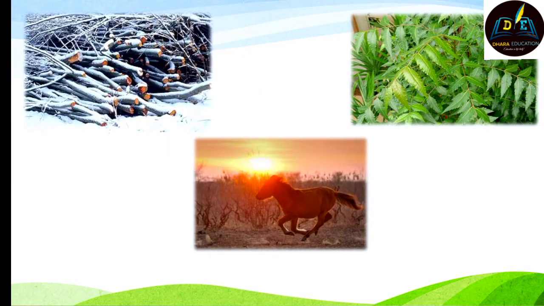As you can see, these are all very essential: the wood from the forest, from the dry trees, the leaves, the neem leaves, and the different kinds of herbs, whatever we are getting from the forest. And even the wildlife, which is deteriorating nowadays.